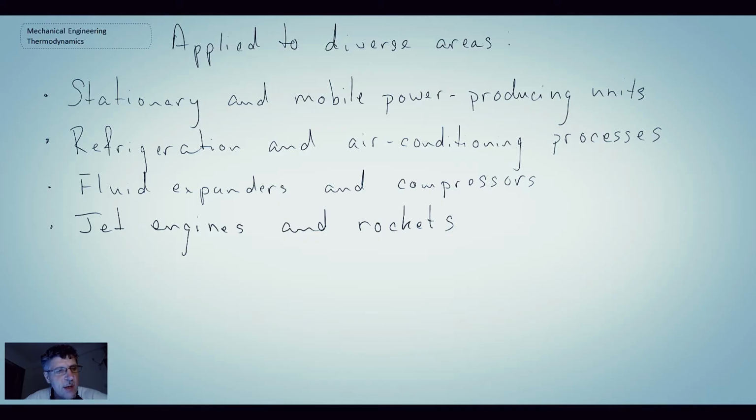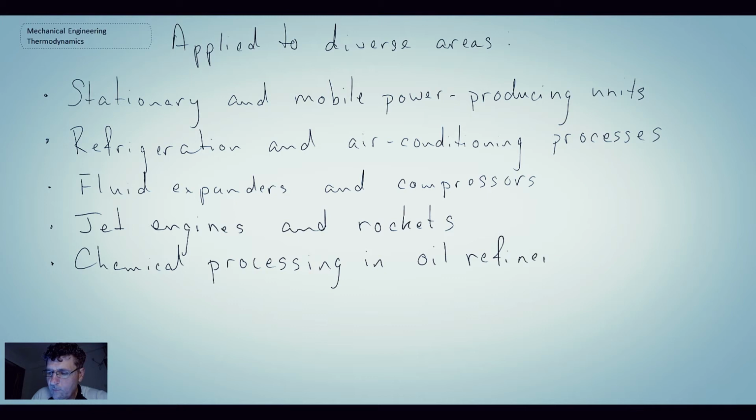place in the rocket. Other areas where you could apply thermodynamics, chemical processing in oil refineries. This is an important area for people within Alberta because a lot of our energy and a lot of our industry is related to the oil and gas sector.